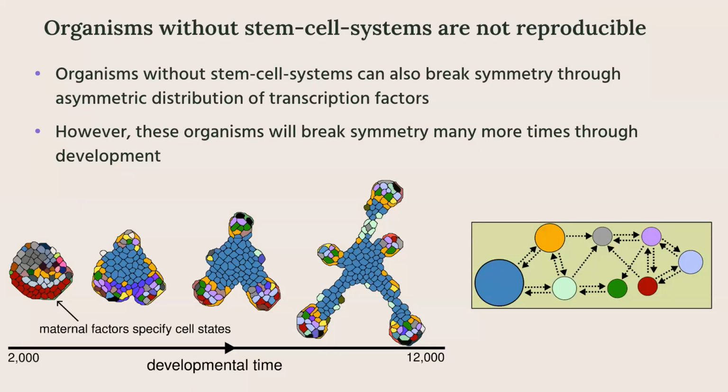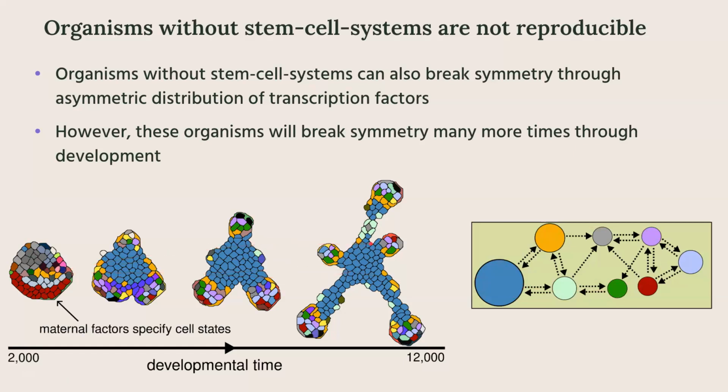Now, if I compare that to organisms without stem cell systems, as I explained before, they're not reproducible. And the reason is that although they can use the asymmetric distribution of transcription factors to break symmetry at the beginning of development, they will also break symmetry in random locations as development plays out, and that's promoted by being undifferentiated, because they don't have irreversible differentiation.